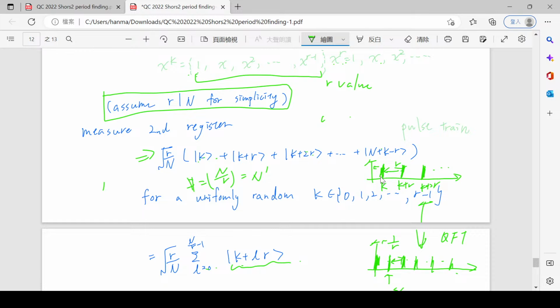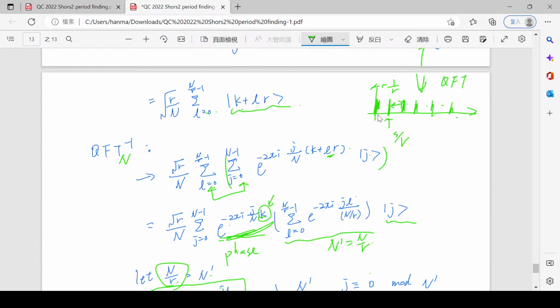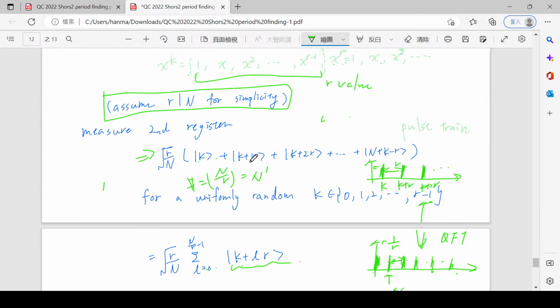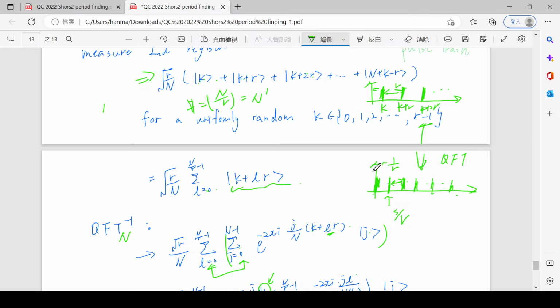So you are starting at k here, and this starting at k is a little annoying. It's very annoying in the computational basis. But once you do Fourier transform, then this shift by k becomes some phase on the transformed pulse train, as we see here, is just some phase. And so that doesn't change the location of those pulses when you measure in the computational basis.